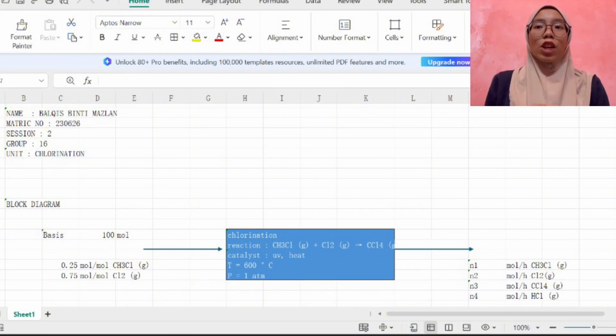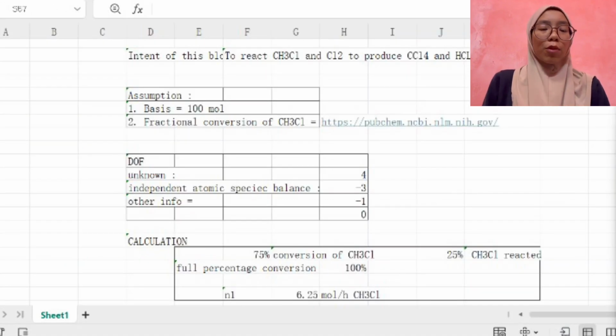Then 0.25 mole over mole CH3Cl and 0.75 mole over mole Cl2 gas will enter this block to produce N1 mole CH3Cl, N2 mole Cl2, N3 mole CCl4, and N4 mole HCl. The intent of this block is to react CH3Cl and Cl2 to produce CCl4 and HCl in the gases.